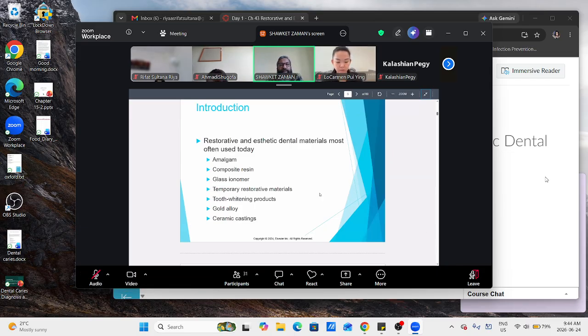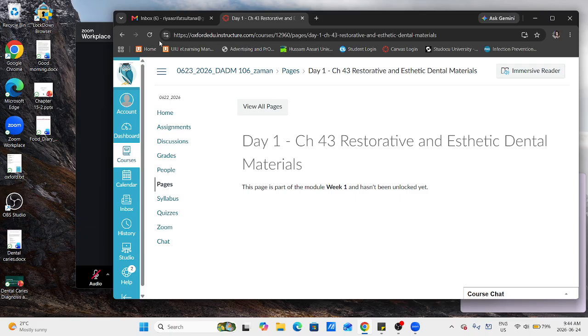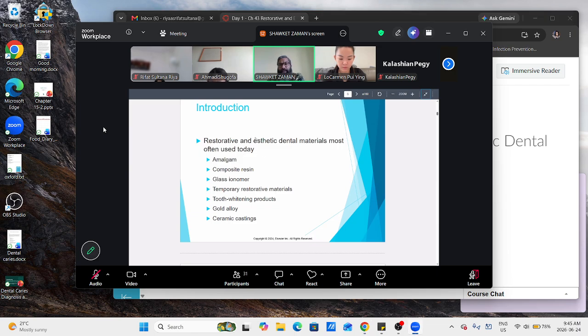the restorative materials. What are the restorative materials? As you can see here, the restorative and aesthetic dental materials most often used today. First thing, you have to know the names. Everybody should memorize the names: amalgam, composite resin, glass ionomer, which in short we call GI. Composite resin, we call CR in short.